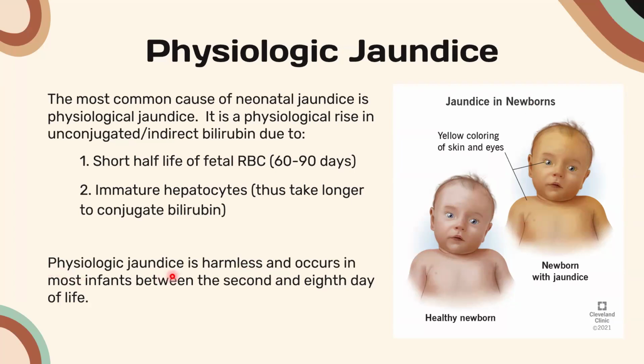Physiologic jaundice is harmless, and it occurs in most infants between the 2nd and 8th day. So it's a rise in indirect bilirubin, but it is not a problem. Usually it resolves by itself because the hepatocytes quickly start to mature, and they're able to handle all of that increased unconjugated bilirubin.